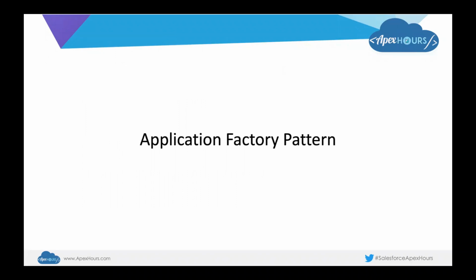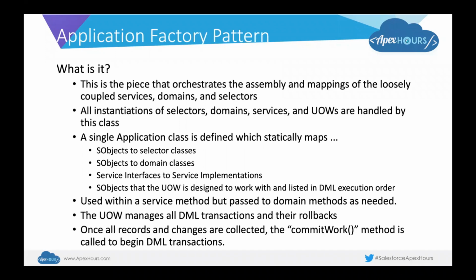Let's talk about the application factory pattern real fast. Again, what is that? It's a single class that's responsible for mapping all of the instantiations, but it does it in a very loosely coupled way so that we have a high degree of flexibility.